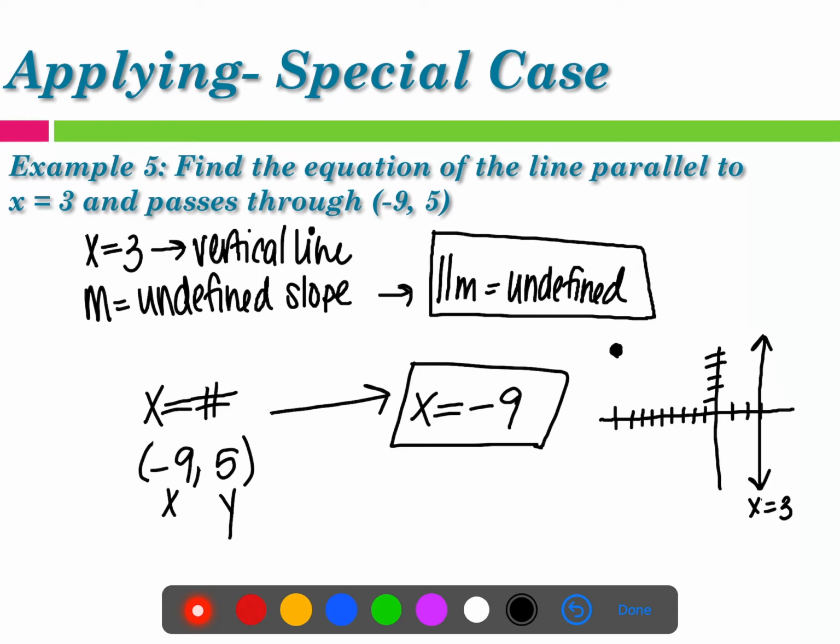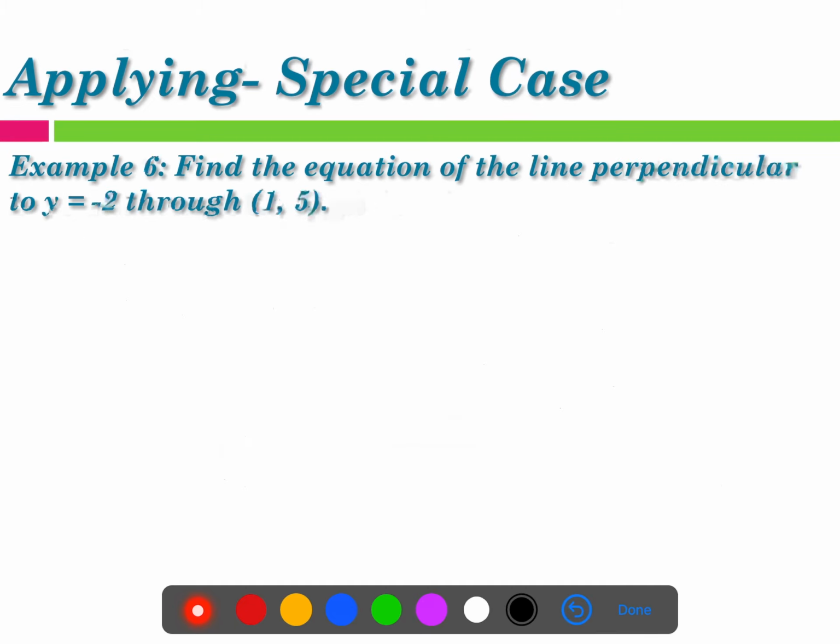So if I need it to be parallel to x equals 3, it has to run in the same direction. So what value does that line go through? It goes through negative 9. So that's another way, using a picture, that you could solve that problem.